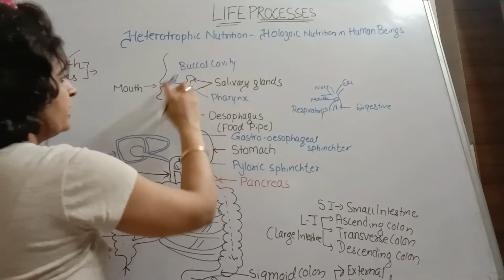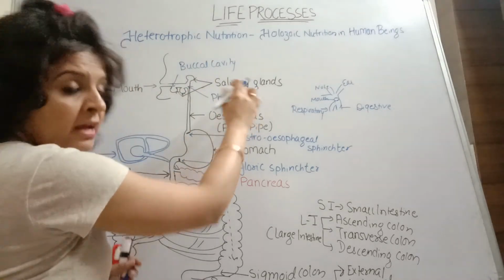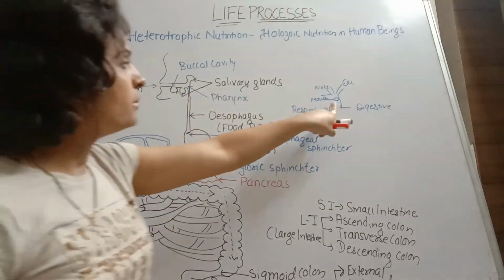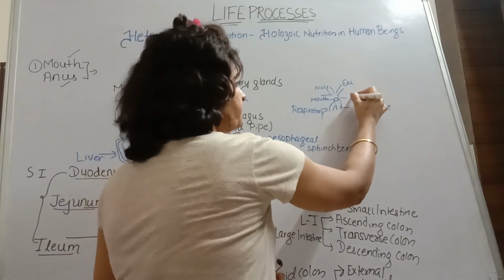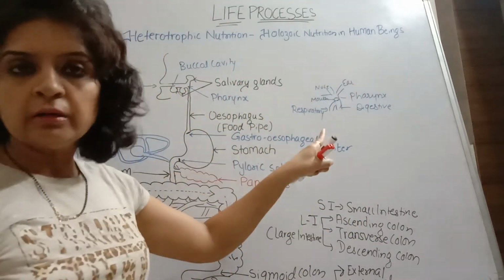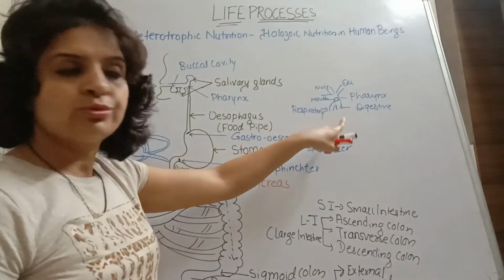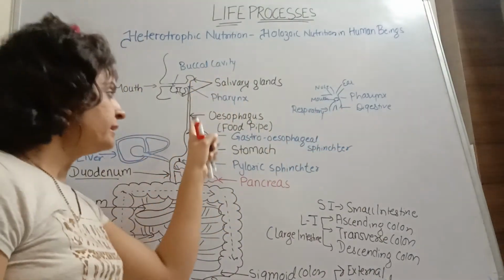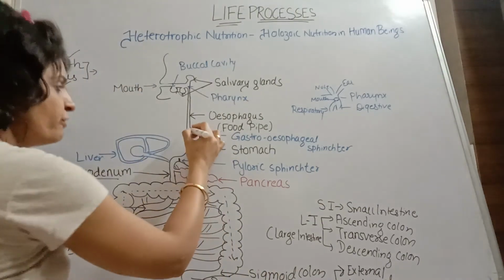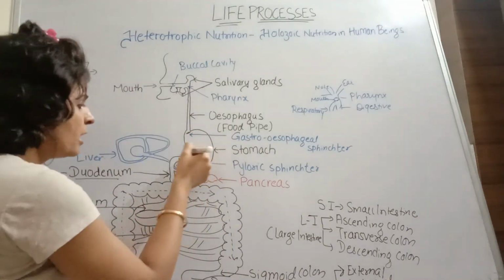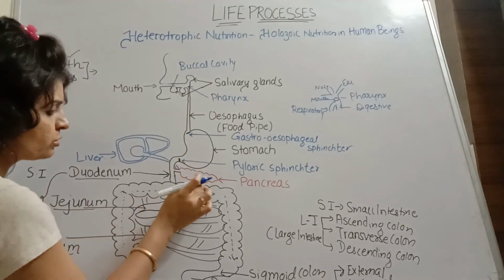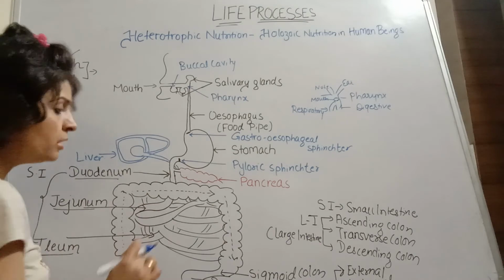This buccal cavity has the salivary glands, from where the food enters into the pharynx, a common junction you can say for the mouth, nose, ear, which splits up into 2 regions. The one that we now need is the esophagus, the food pipe, which further enters into the stomach, then to the small intestine, which is connected to the pancreas and the liver.